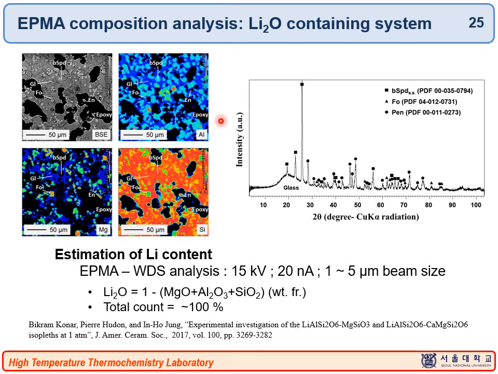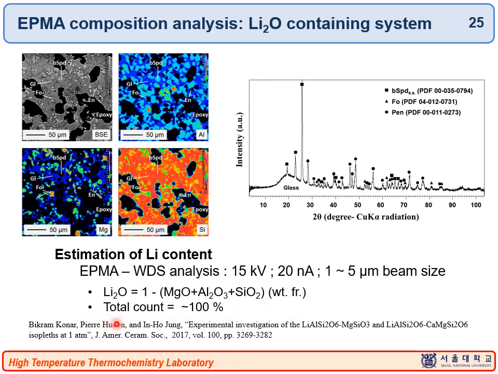This is the lithium oxide case. We confirm the equilibrium phase by using both XRD and EPMA elemental mapping. As lithium is not detectable, we prepared Li2SiO3 and spodumene samples as standards and confirm the lithium content using this kind of simple strategy.